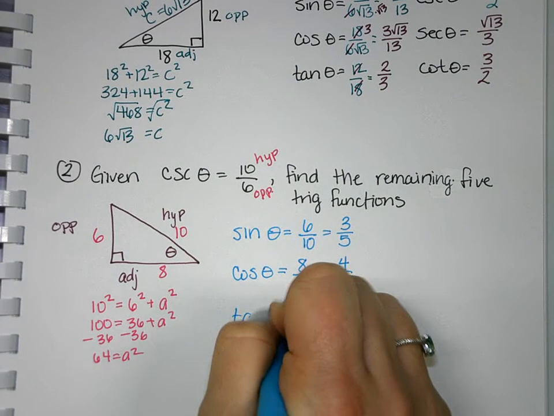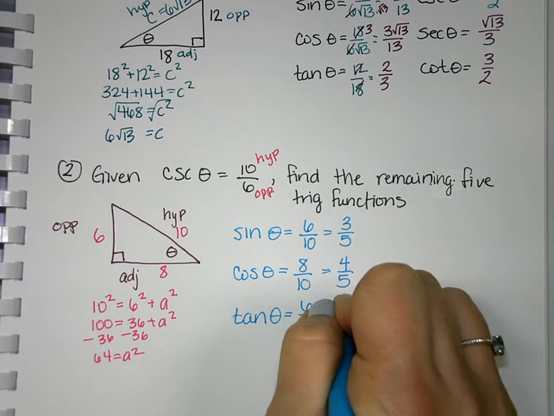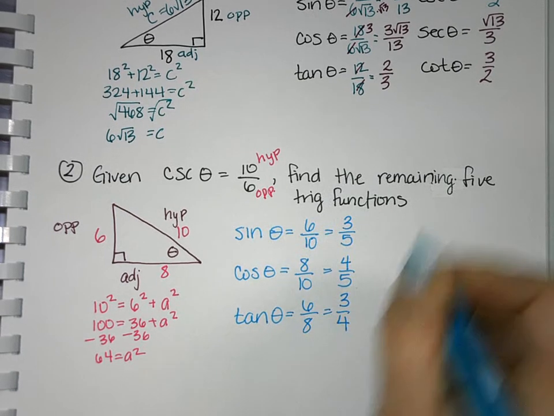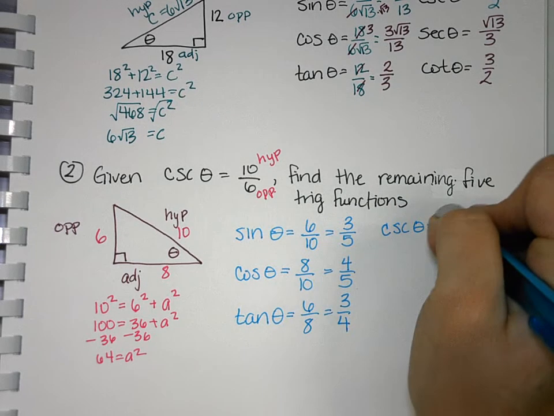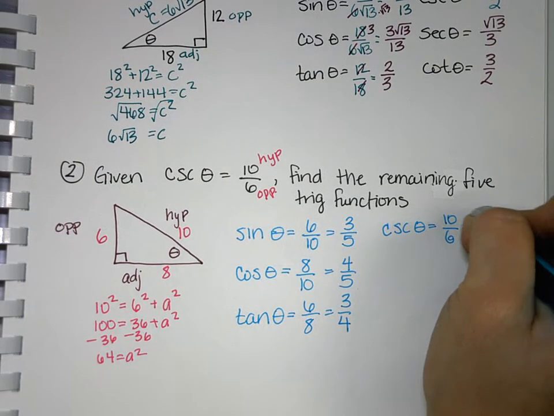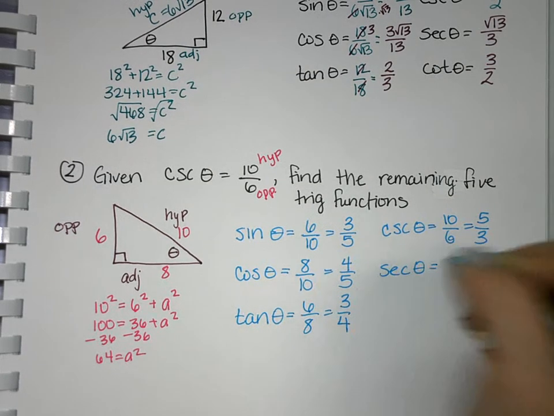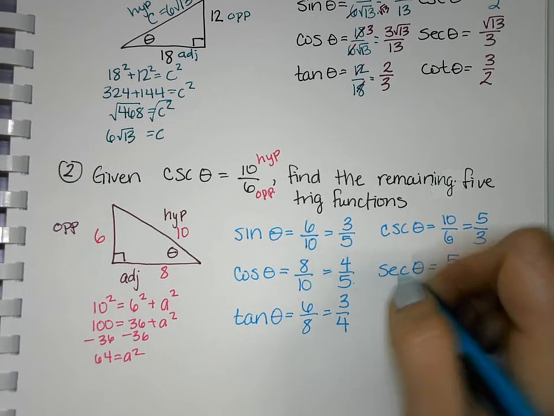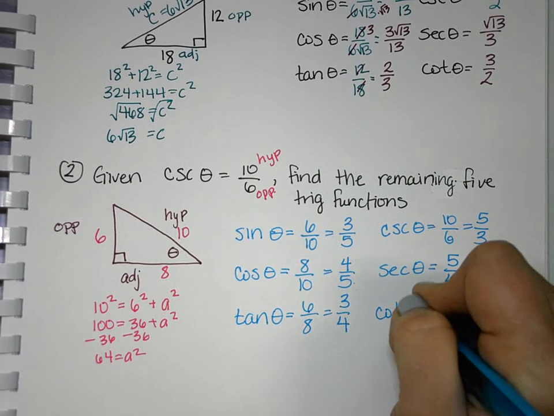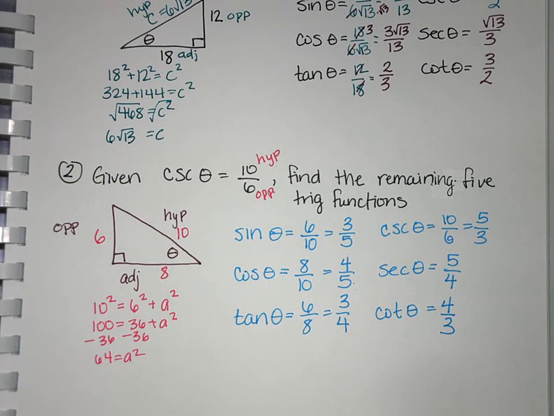Tangent theta would be my opposite over adjacent, which reduces to 3 over 4. Cosecant we were given in our original statement, but we can reduce it, so I'm going to reduce it to 5 over 3. The secant theta would be 5 over 4, so I'm just going to use my already reduced version. And my cotangent theta would be 4 over 3. So that would be the one you had plus the remaining 5.